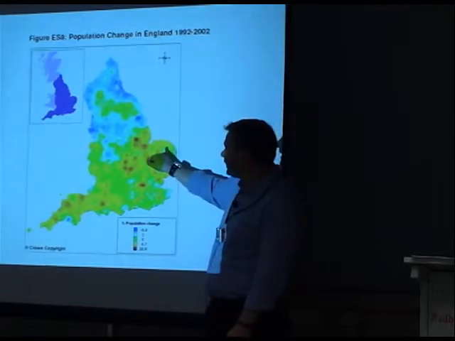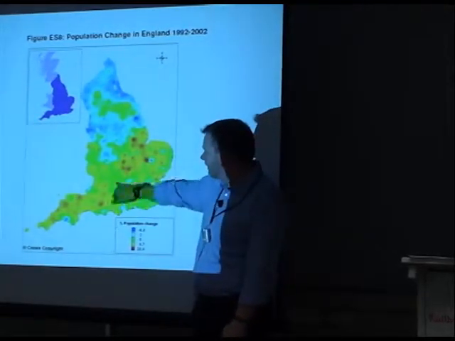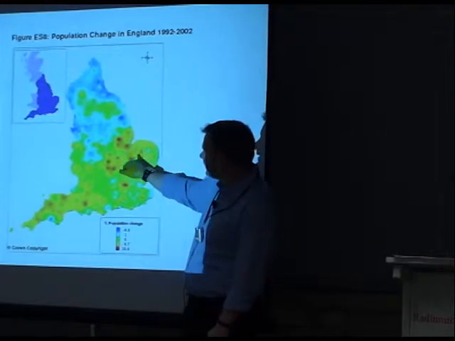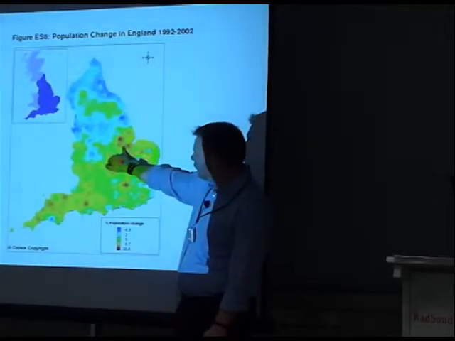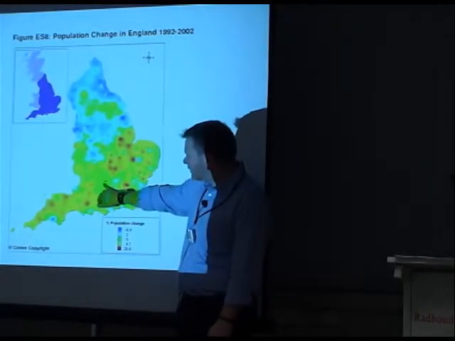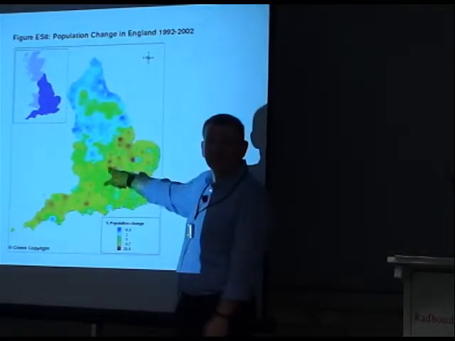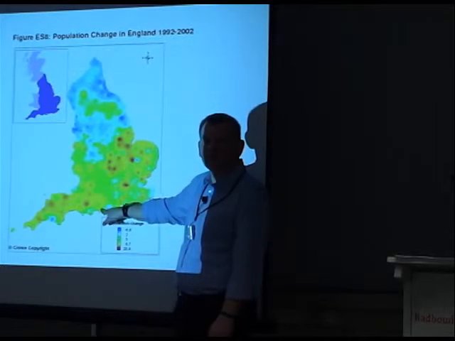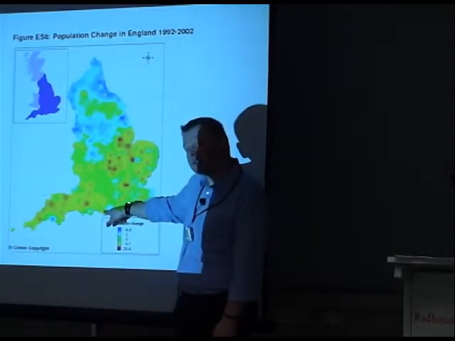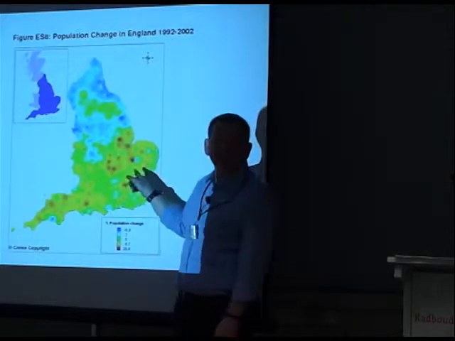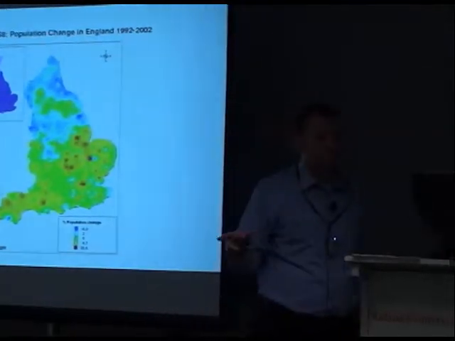The increase in population is going in an arc like this, from East Anglia and Cambridgeshire through the Midlands and Oxford down to the south coast. So you have an arc of growth. That's where the biggest population growth is going on. That's where the biggest demand for housing is going on. And it's in the southeast of England as well.